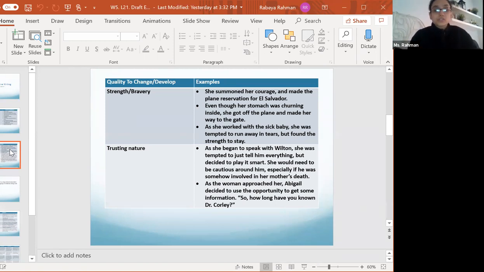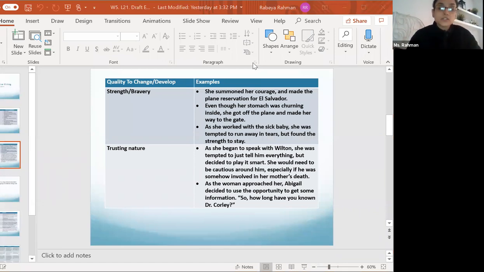Even though her stomach was churning inside, she got off the plane and made her way to the gate. Someone who was not brave would probably not have left the airport or would have found another plane to go back home. As she worked with the sick baby, she was tempted to run away in tears, but found the strength to stay. So she had to fight temptation. She had to find the strength to continue on with her mission.